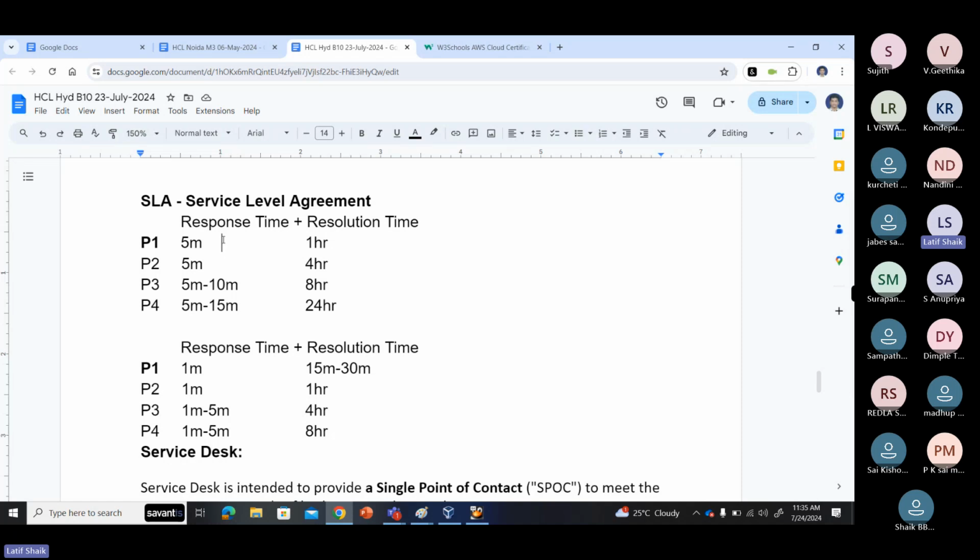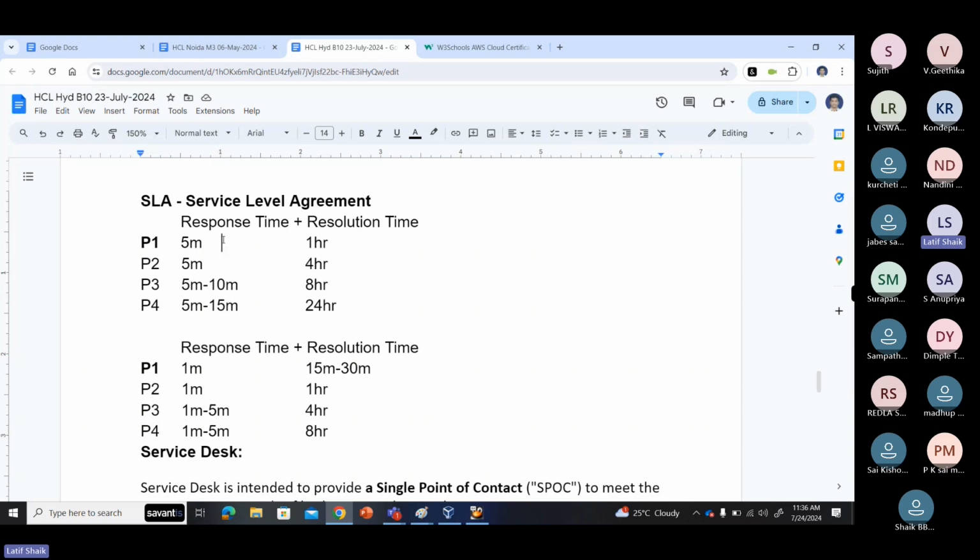Your server is down, so the users who are accessing it can't access it. It is a very high priority. But you are given a time period of 1 hour for your P1 ticket. So what happened?